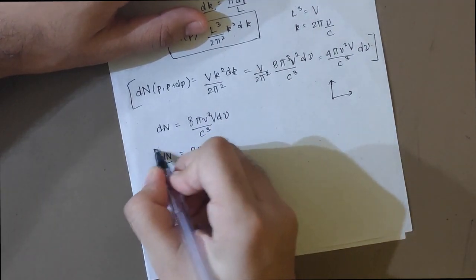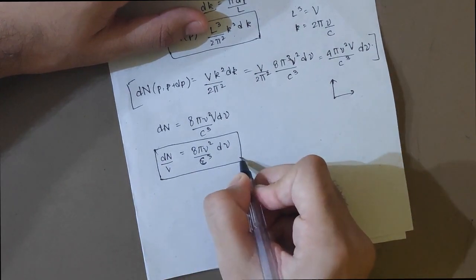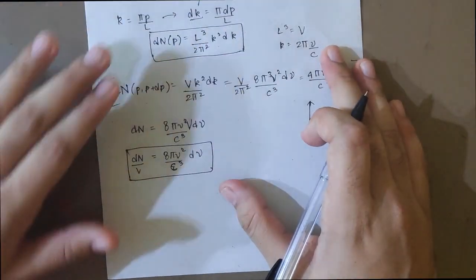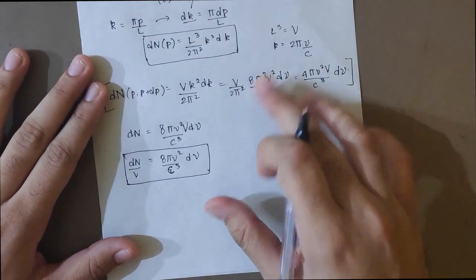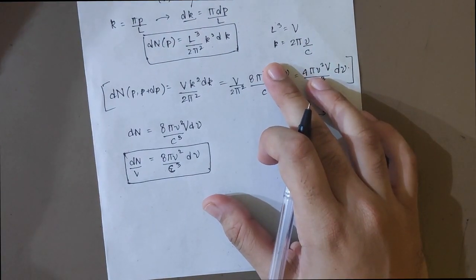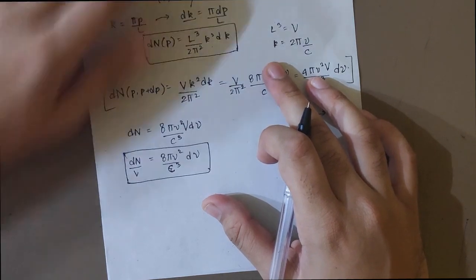Now this is a very important equation. The number of modes per unit volume is given by the following equation. This is a very important equation, and this concludes our part 3.